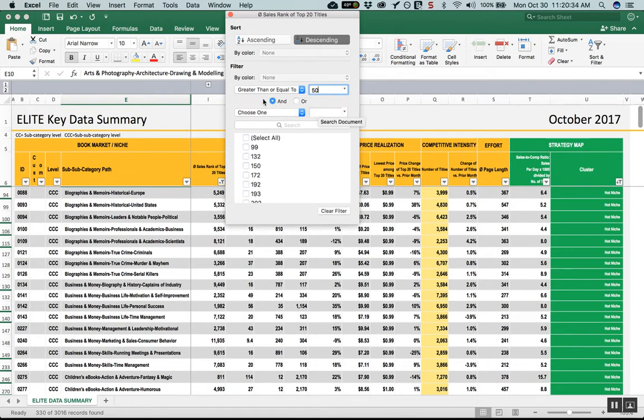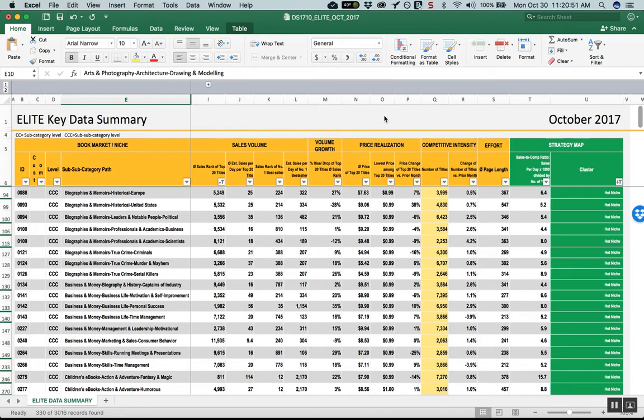Okay? So greater than or equal to 50. I'm going to start there. Depending on how many records I get back, I can either increase or decrease, but that's where I'm going to start. And I'm going to keep it descending because I want to have the top ones at the top, followed all the way down to the least attractive. Okay? So I've done that.